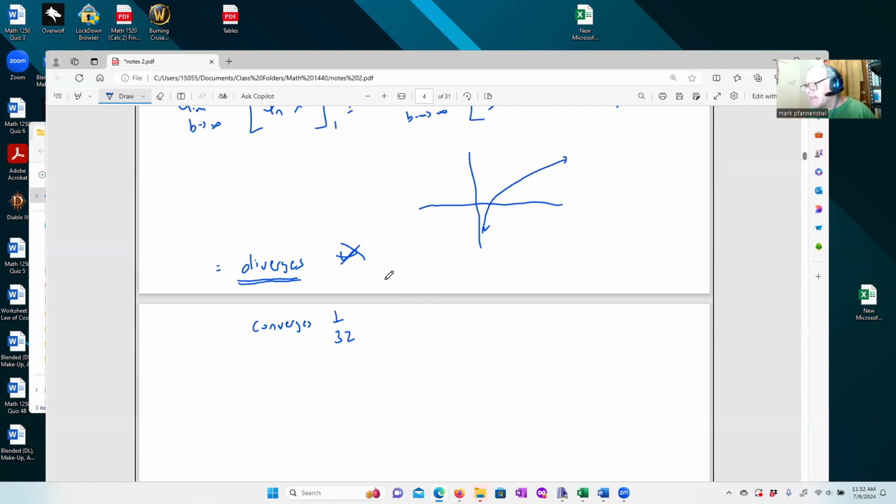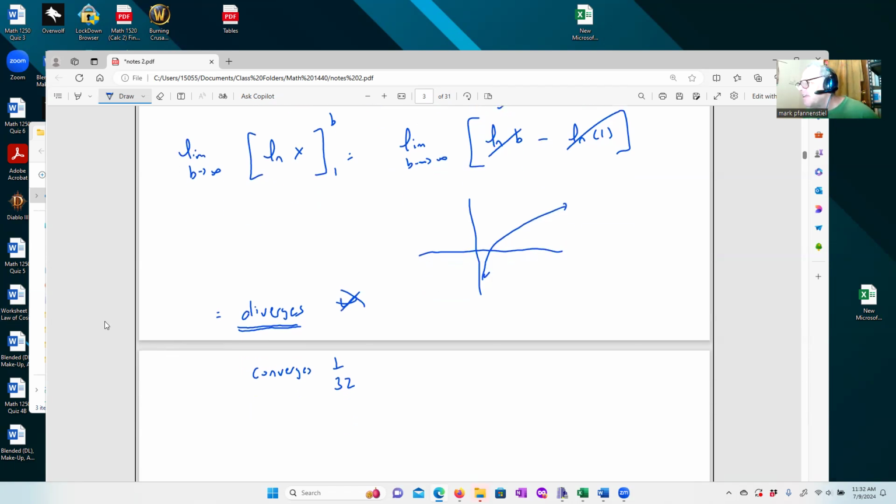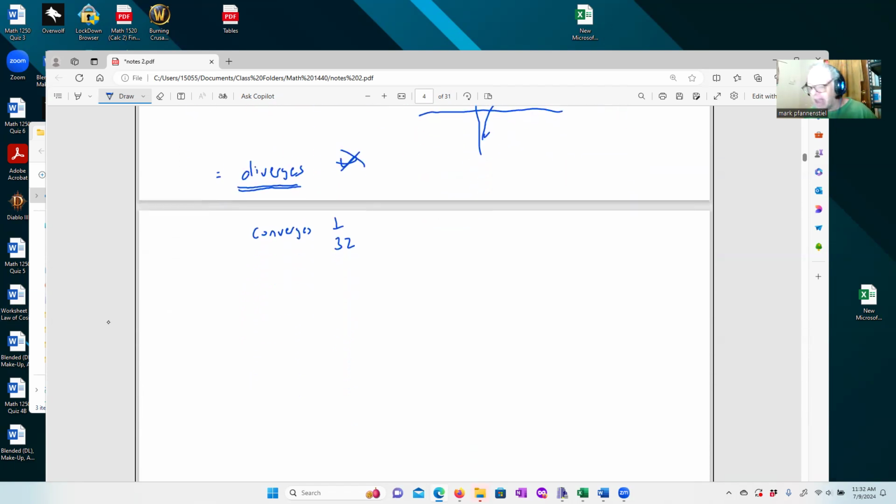There's a pretty famous example with 1 over x. If 1 over x goes to infinity, it should go to 0. Well, yeah, but the integral of it goes off to infinity, it diverges. So we have a bit of a problem with that. This 1 over x idea is like a break point. If the power is a little bit bigger than 1, then we're going to converge. If it's a little bit less than 1, then we're going to diverge.